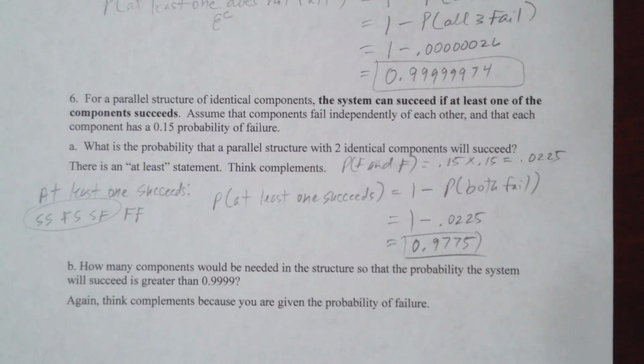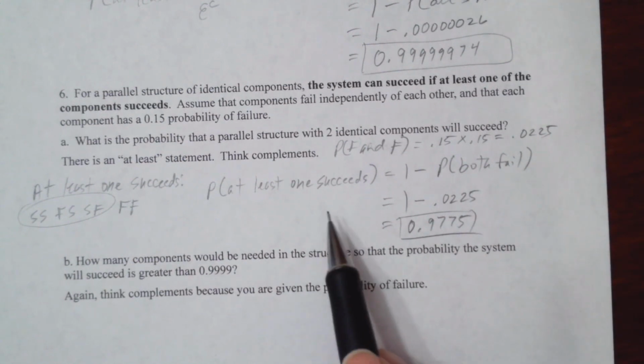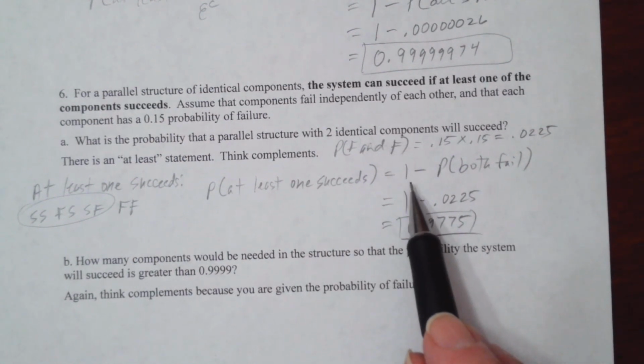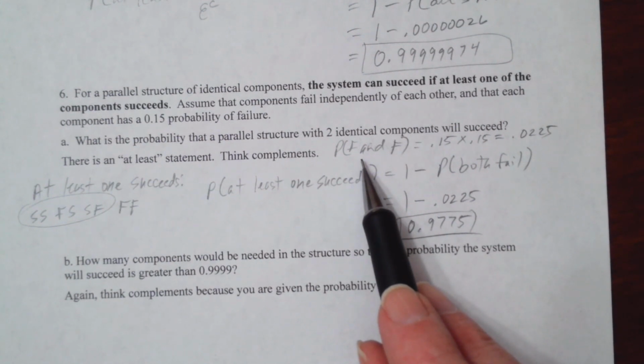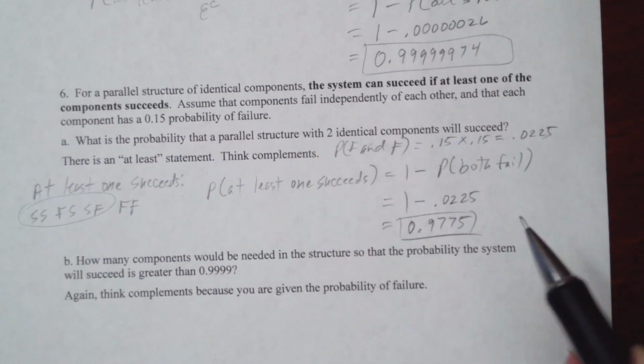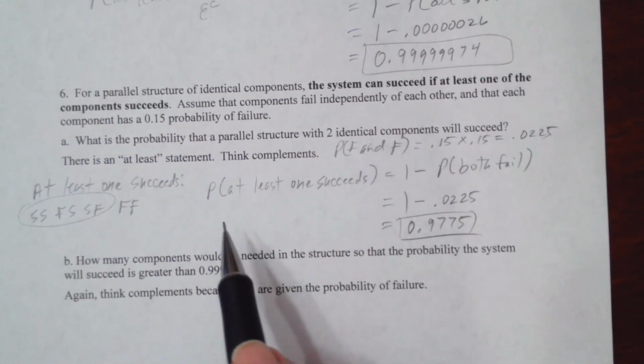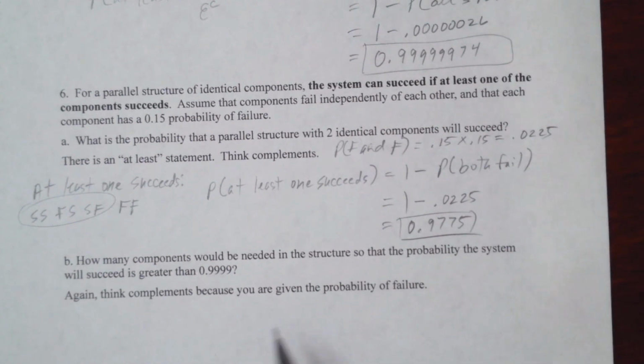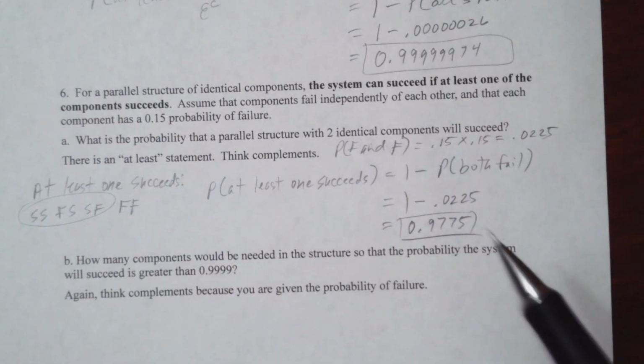Okay, in part B it says how many components would be needed in the structure so that the probability the system will succeed is greater than 9,999 10,000ths. Well, it's going to be just like what we just did here. So in this case, we were dealing with two components. It's asking how many components we're going to need in order to get this kind of probability.